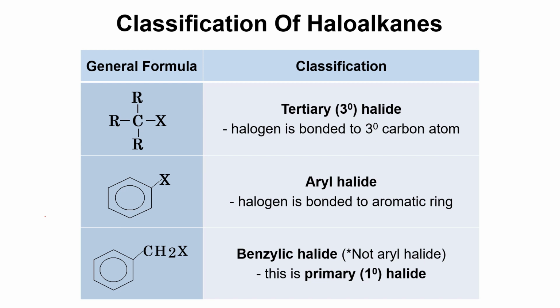This is tertiary halide where the halogen is bonded to a tertiary carbon atom. Then we have aryl halide where the halogen is bonded to an aromatic ring or benzene ring, and then benzylic halide, which is not an aryl halide. This is classified as primary halide because the halogen X is directly bonded to a primary carbon atom.